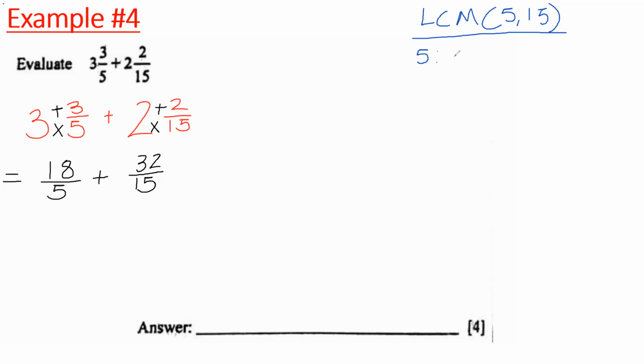The multiples of 5 are 5, 10, 15, 20, 25, 30, and so on. We could continue to list off those multiples of 5.